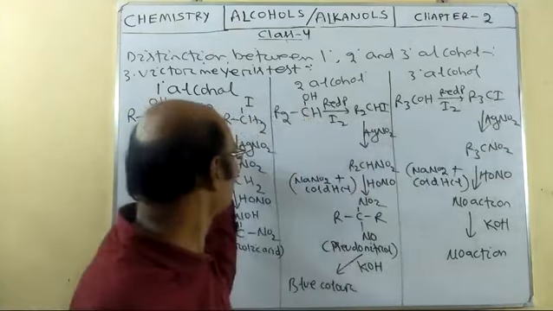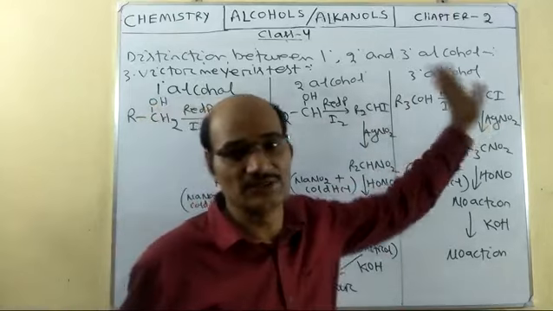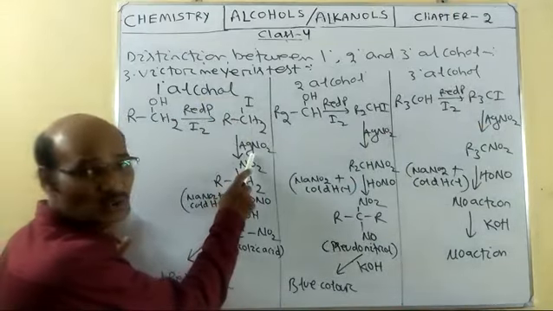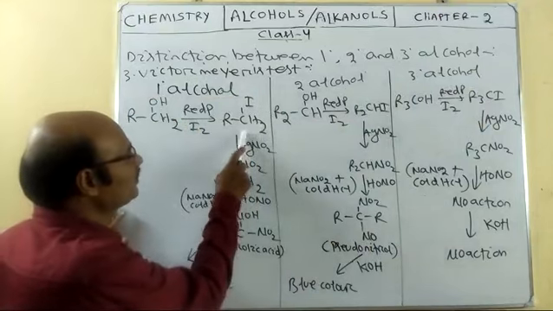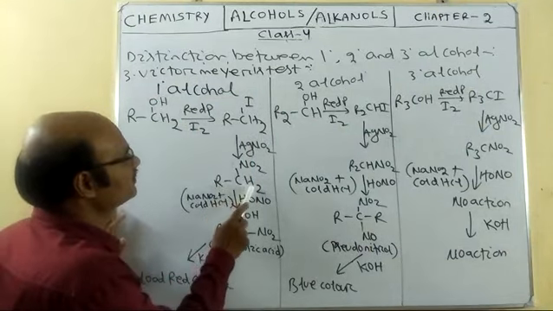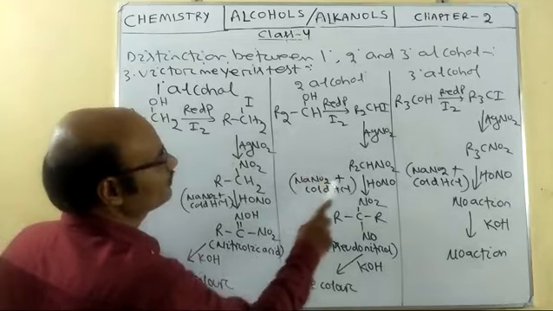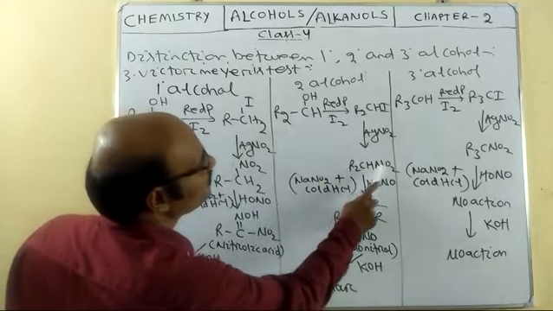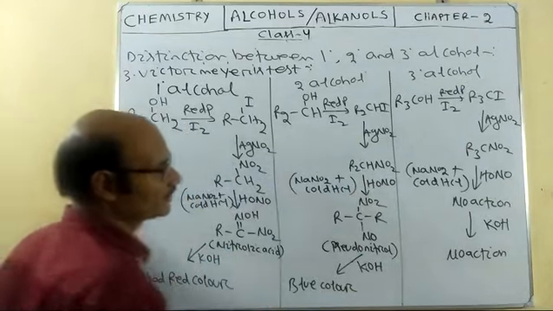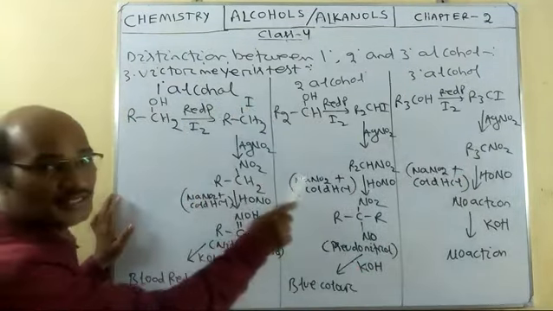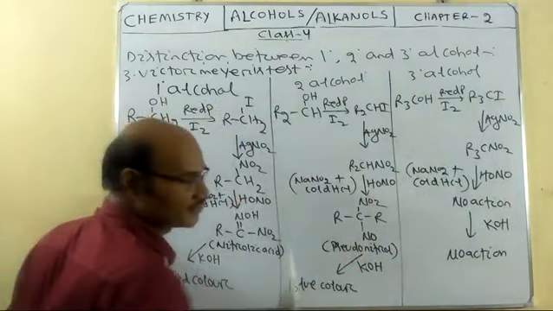So in all the three cases, we get the alkyl iodides. In the next step, when we give AgNO2, RCH2I gives RCH2NO2. Now secondary gives R2CHNO2, tertiary R3CNO2. So in each case we get the nitroalkanes.